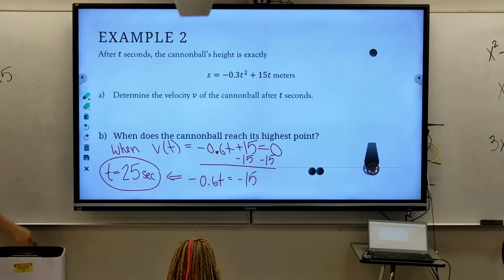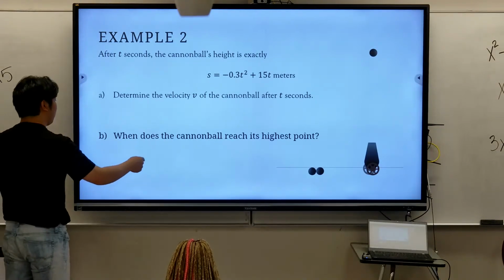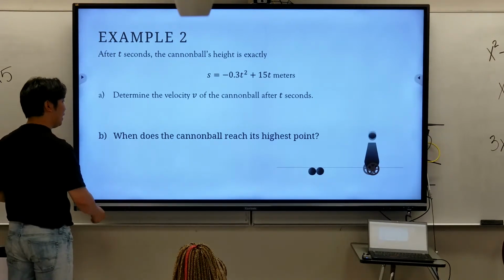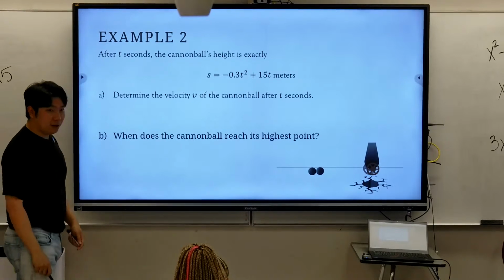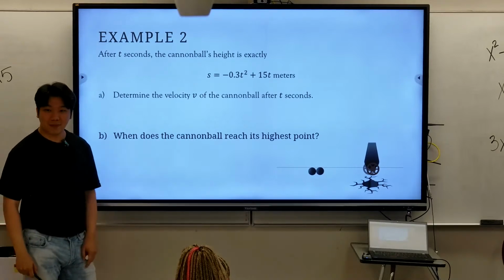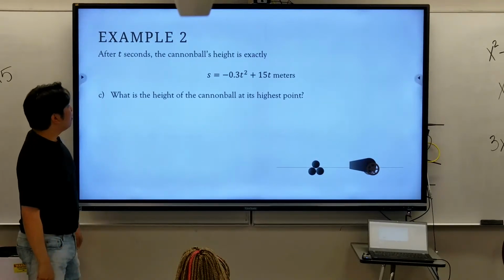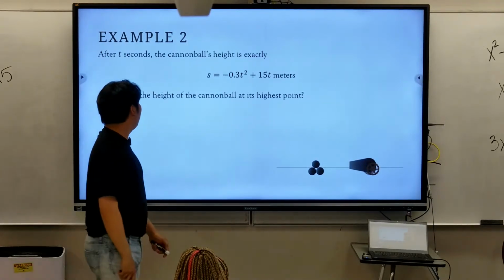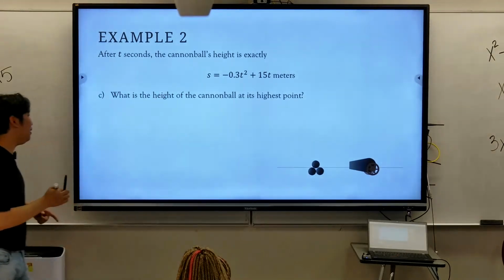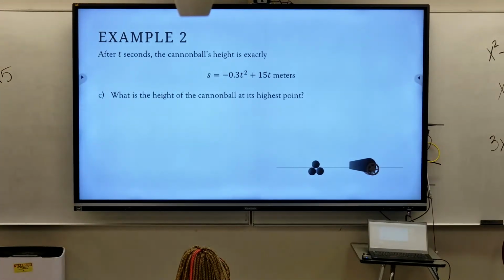All right, so clearing this up, I still have the velocity function on the board off camera. That's my cannon going down and hitting the ground. So what is the height of the cannonball at its highest point? So how do I approach this problem?